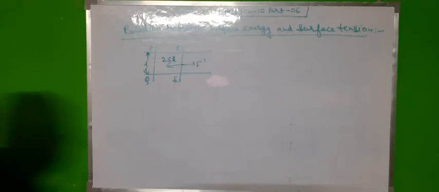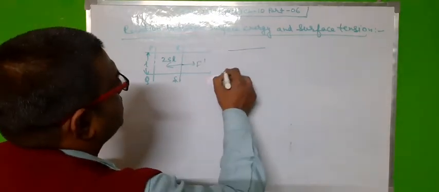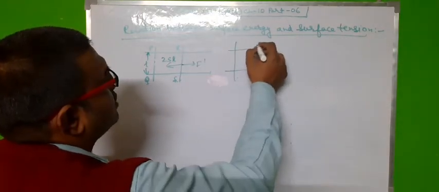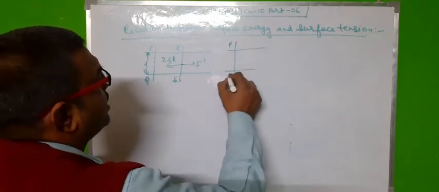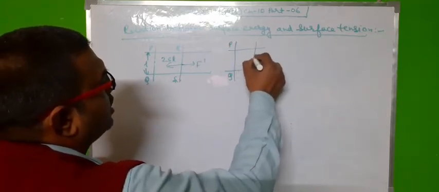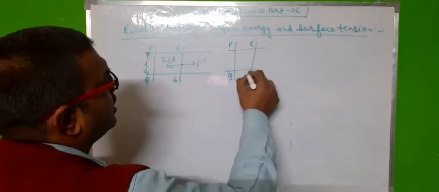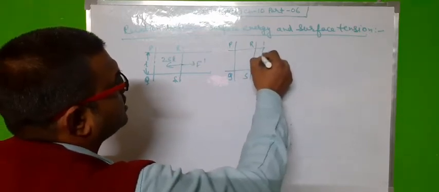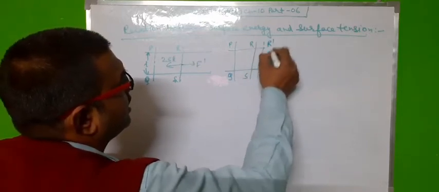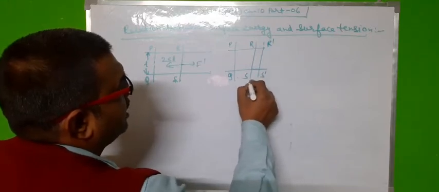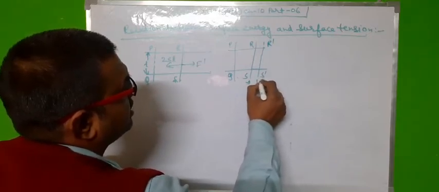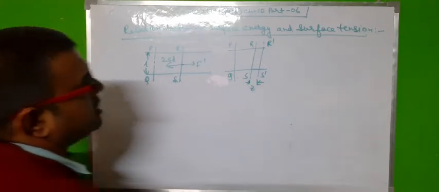So now the membrane is stressed. The membrane is stressed to R dash S dash, and this distance is Z.